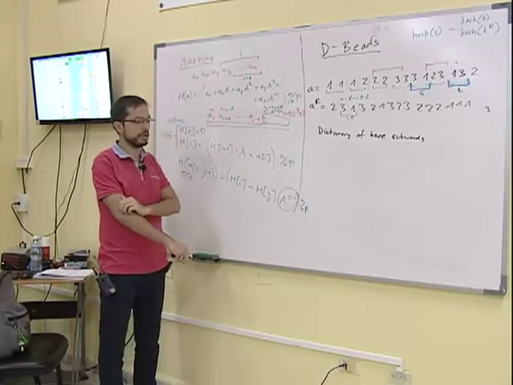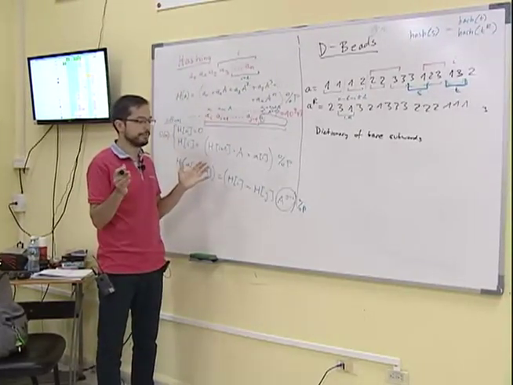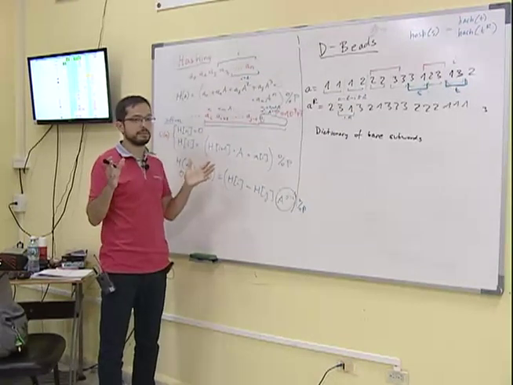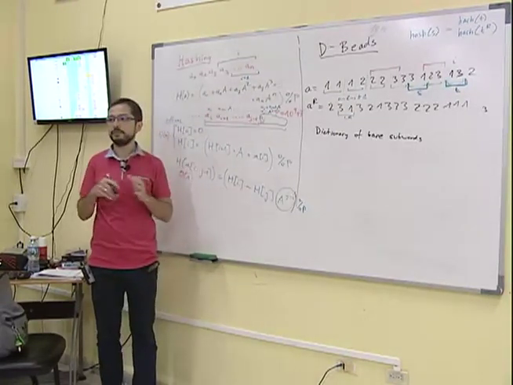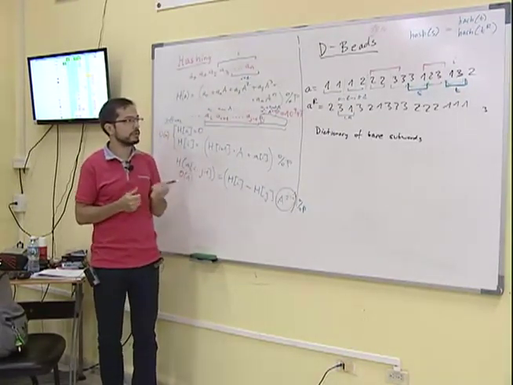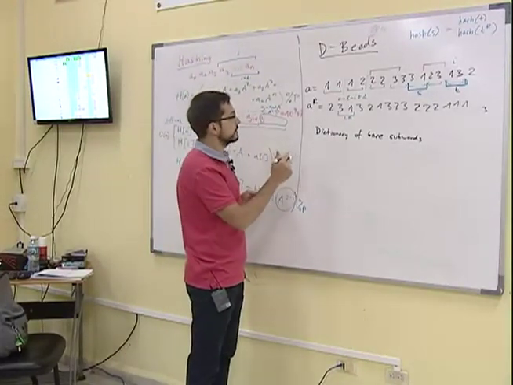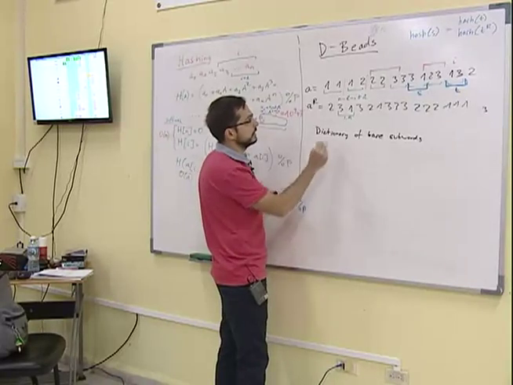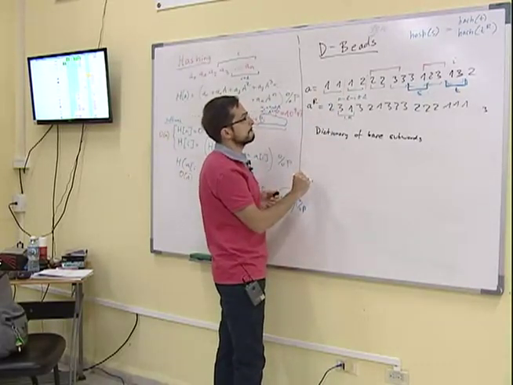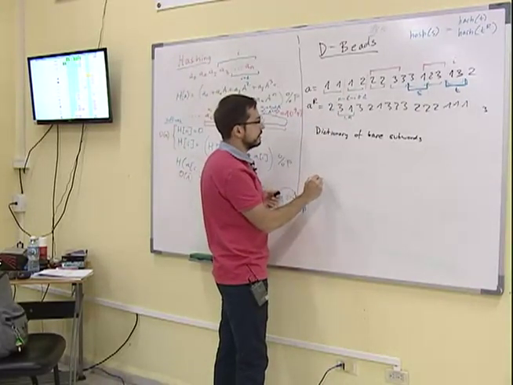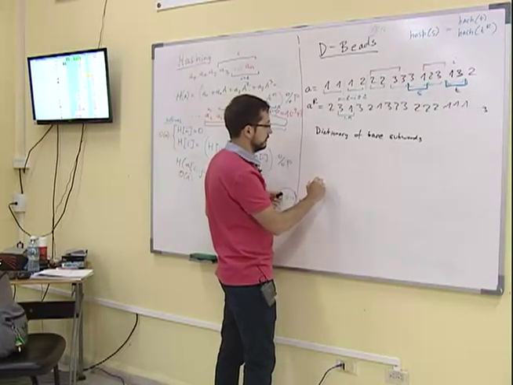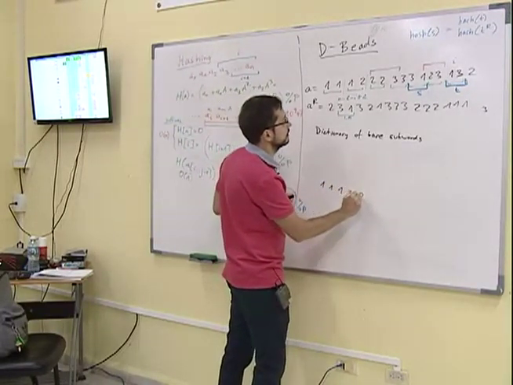So the idea is somewhat similar to the base segments in the segment tree. So we will use here the powers of 2. So suppose that we have here our string. Let's draw it once more.